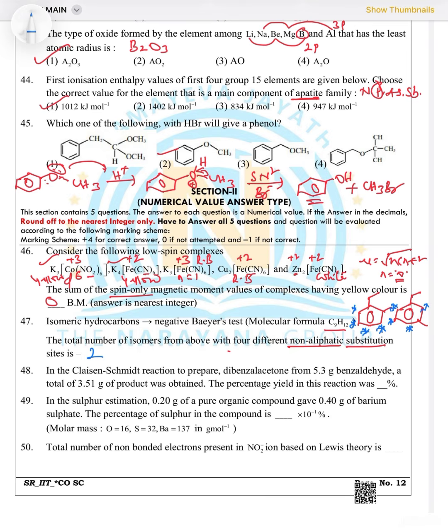Next, question 49. In the Claisen-Schmidt reaction to prepare dibenzalacetone, from 5.3 grams of benzaldehyde, a total of 3.51 grams of product was obtained. In the Claisen condensation, benzaldehyde reacts with acetone and forms benzalacetone.